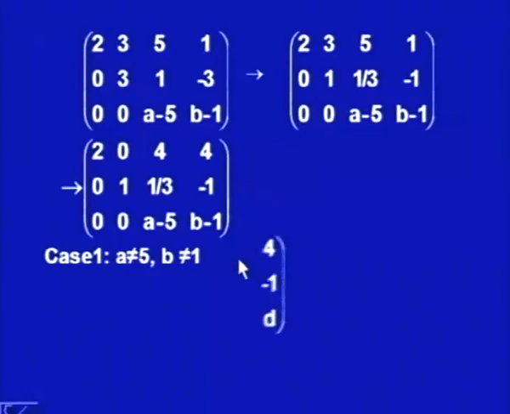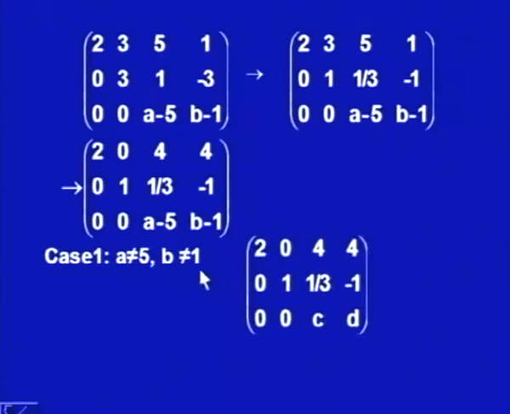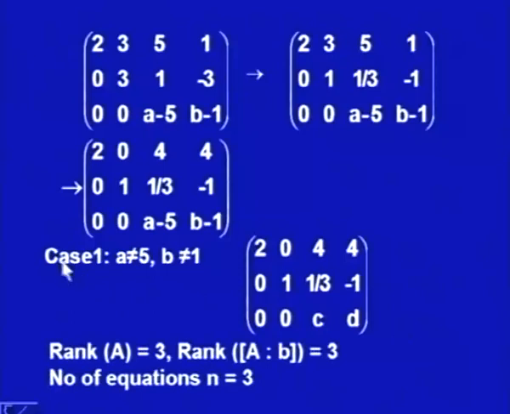So, if a is not equal to 5 and b is not equal to 1, that is, a is not 5, let us call it C, and b not equal to 1 is D, then rank of A is equal to 3, because C is not 0. So, rank of this matrix is 3, and rank of the augmented matrix, if D is not 0, will also be 3.